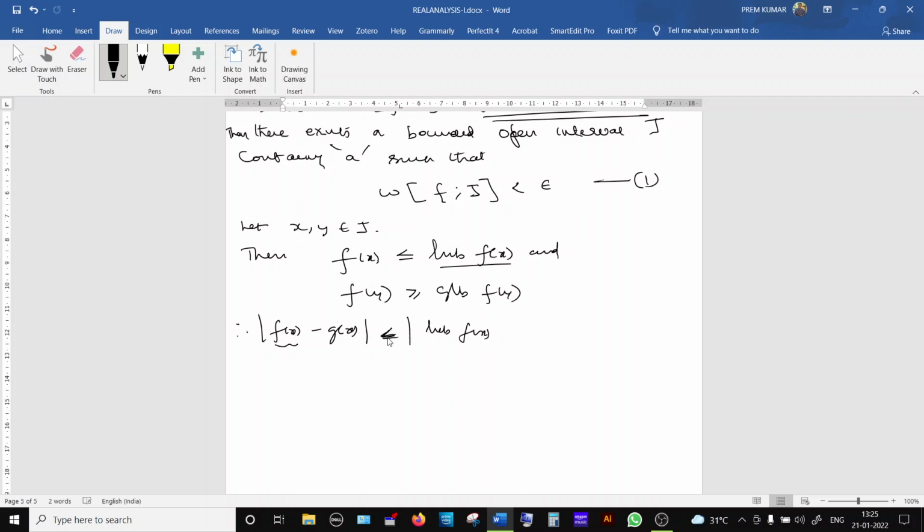That's why we use this one. Similarly, f of y is greater than or equal to the corresponding GLB of all the function values. So minus f of y will be less than or equal to minus the GLB of f of y. That's why overall it is less than or equal to the LUB minus the GLB.